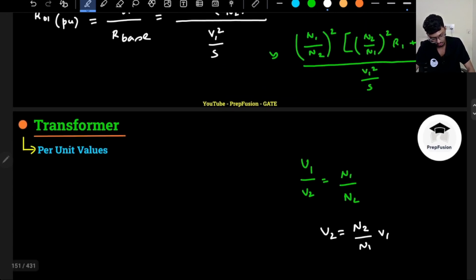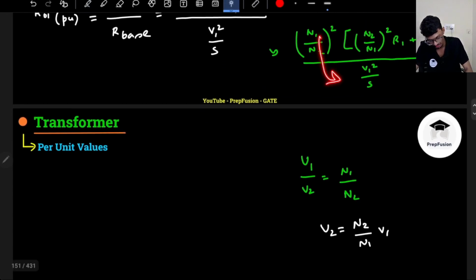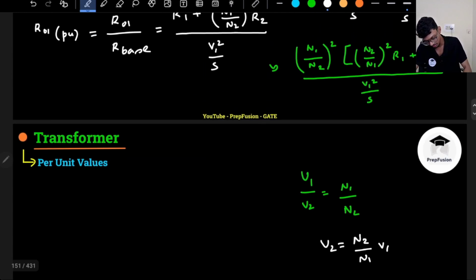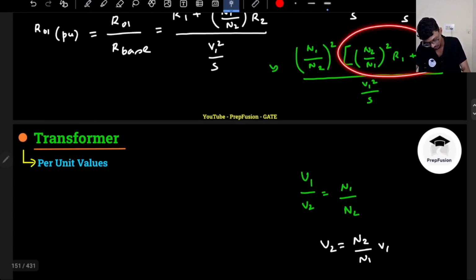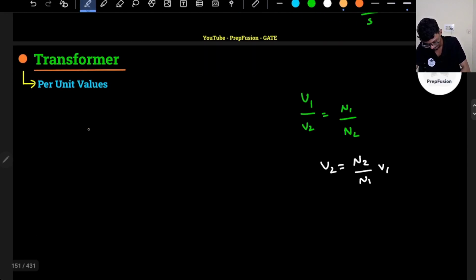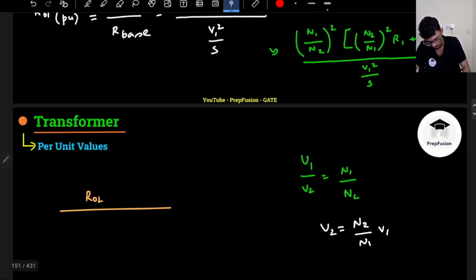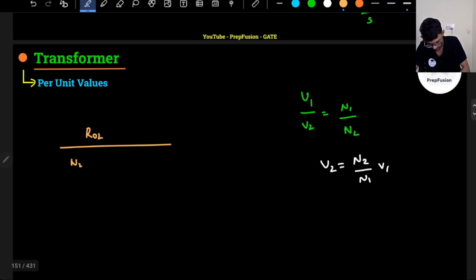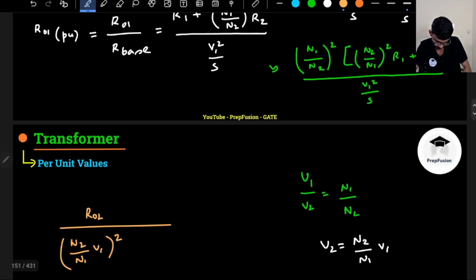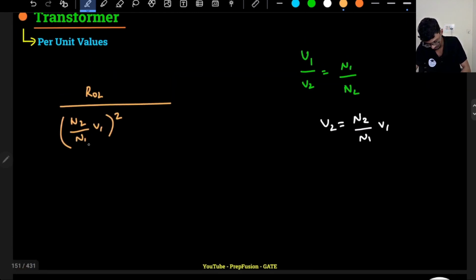So this N2 I take in the denominator, and this will come out to be R02, the winding resistance referred to the secondary, divided by (N2 divided by N1 into V1) whole square, divided by S basically.